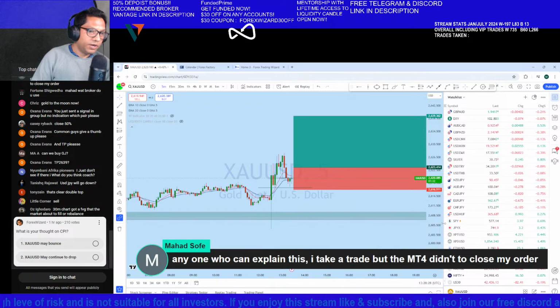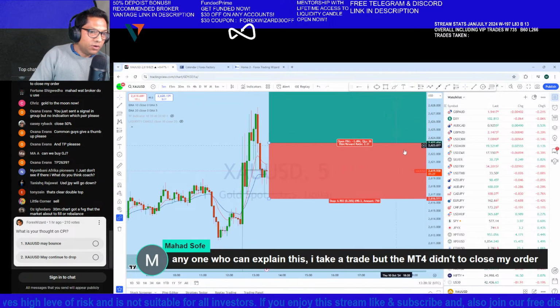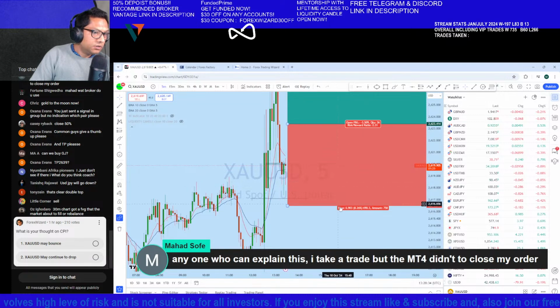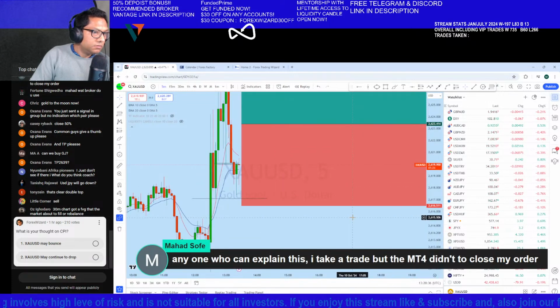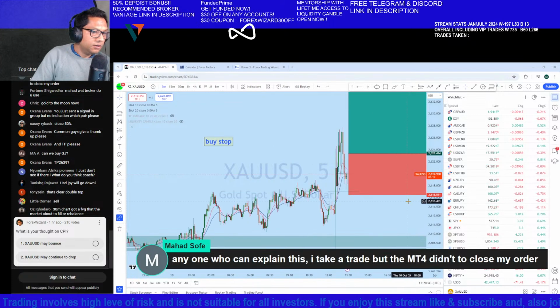Do you think it's gonna trend or it's just grabbing liquidity for another drop, or we could see continuation? Let's see.